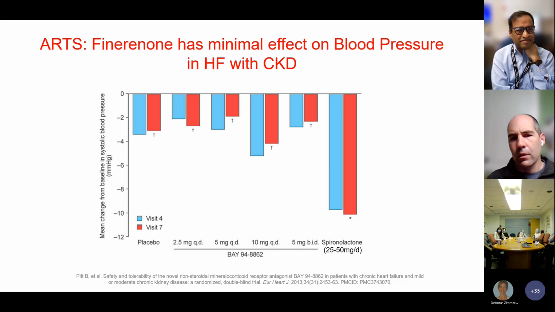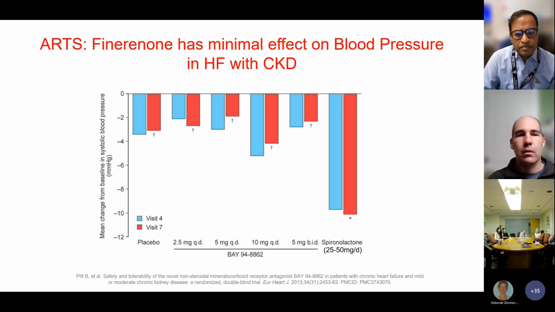So I think you have to take this with a grain of salt, although they did a comparator group with spironolactone, 25 and 50 milligrams. And you can see that spironolactone did reduce blood pressure a lot in the same population, in the same study. So you do have some blood pressure reduction in this population with spironolactone that you're not getting with equivalent doses of finerenone.